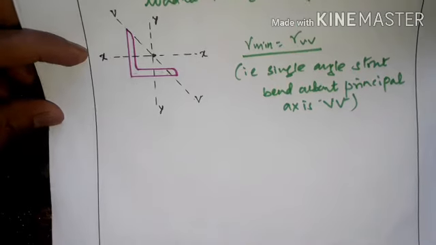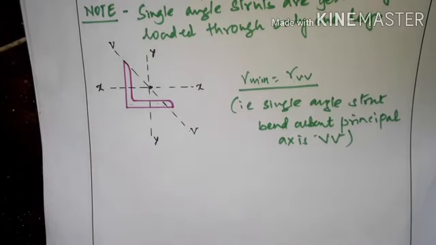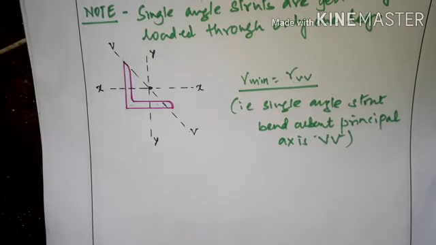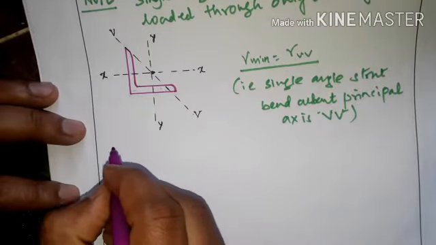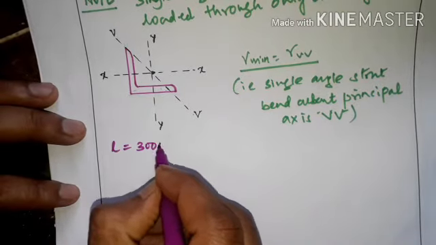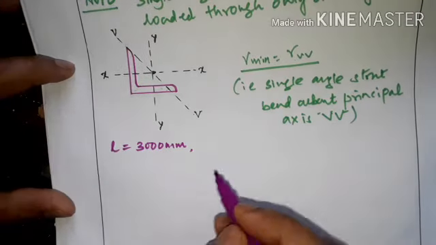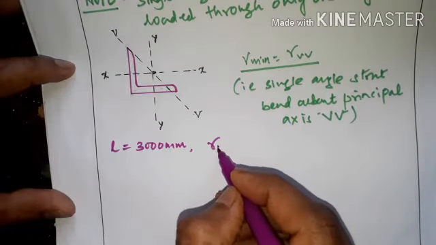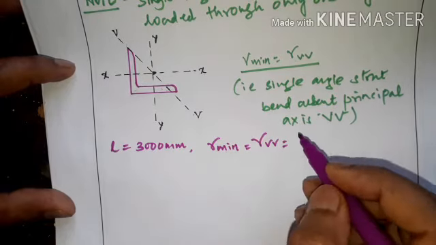I will first note down the given data. L is given as 3000 mm. If you check the steel table, you will get r minimum equal to rvv, because it is a single angle, so directly you have to use rvv.